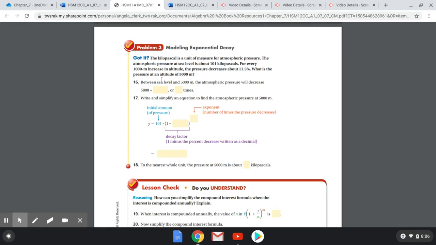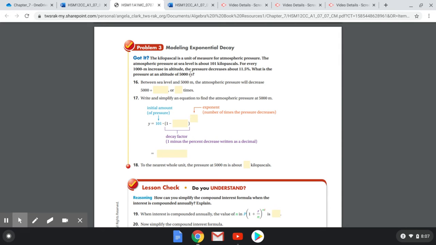Remember, in the last situation, we multiplied the exponent by 12 because it happened every month. We had years, so we had to turn it into months. This time we have 5,000 meters, and we have to figure out how many times it's gone up by 1,000 meters. So we do 5,000 meters divided by 1,000 meters, because every 1,000 meters it decreases by this much.